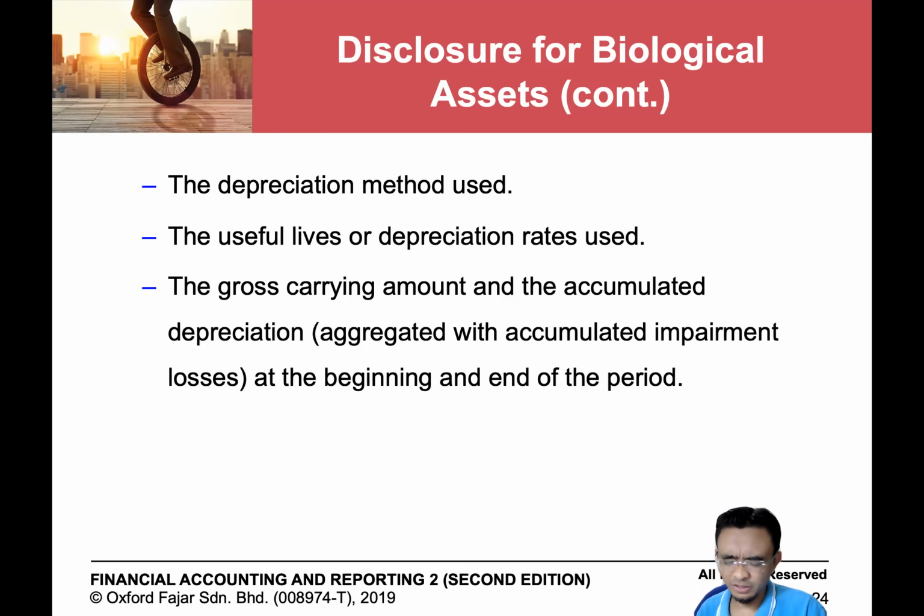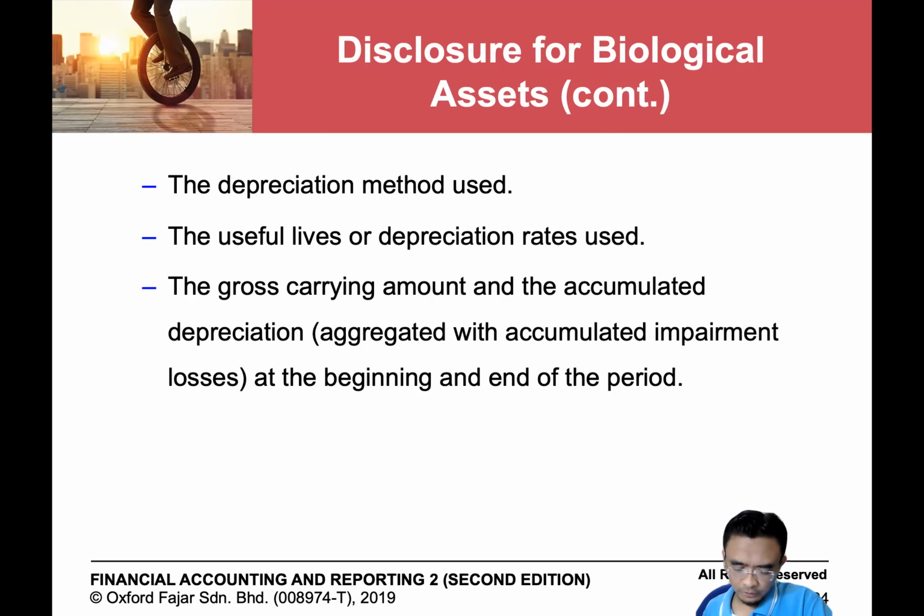Tapi kalau crops ni, annual crops ni, padi ke semua ni, once you harvest, that's it. I mean the whole tree gone. Jadi kena tanam balik to get the rice and so on. Jadi itu nak bezakan which is a bearer plant or which is not bearer plant.